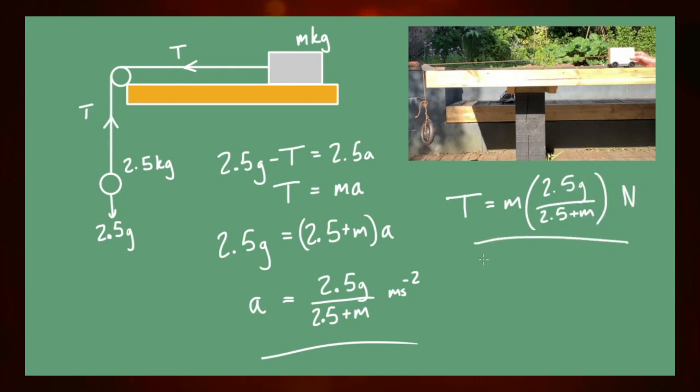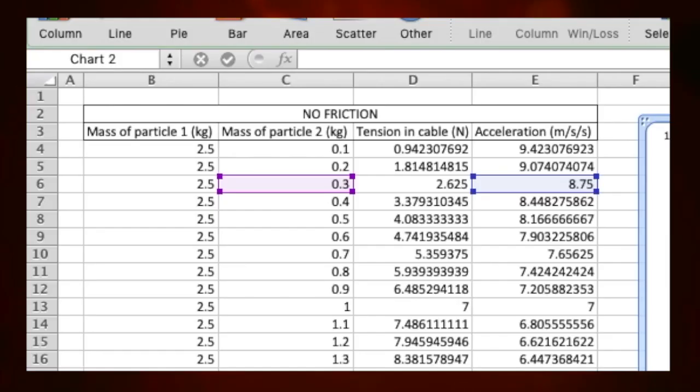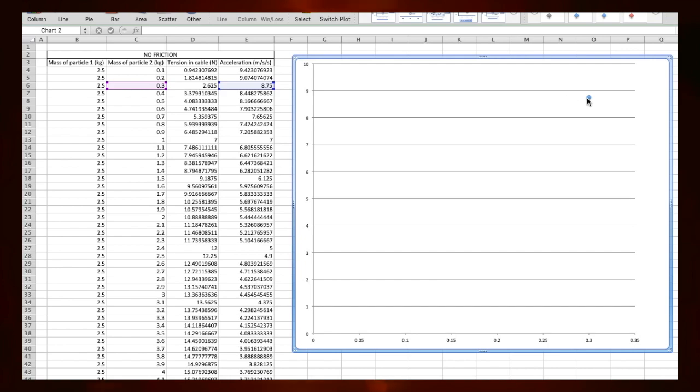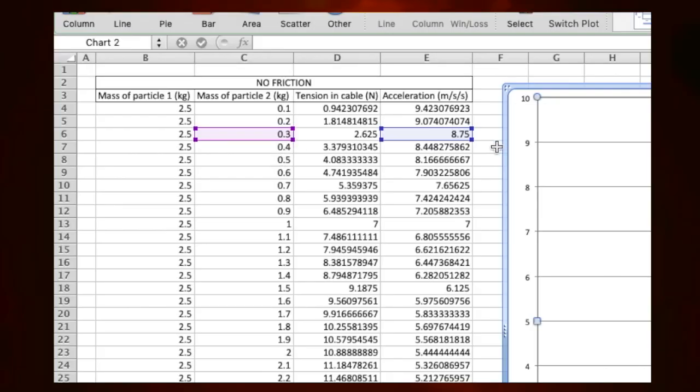So what we're going to do is go and have a look in Excel, and see what happens as we change m. Okay, so here on Excel, I've got the point we've already worked out previously. When it was 0.3 kilograms, we found that we had 8.75 meters per second squared, and that's plotted here. Now the question is, as I change the mass m, what's going to happen to my acceleration and what's going to happen to the tension?